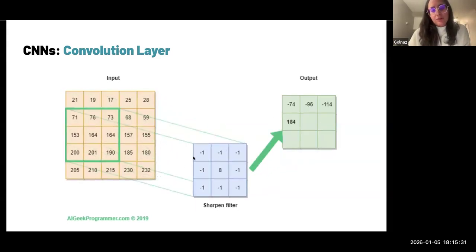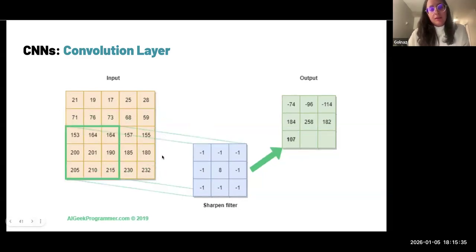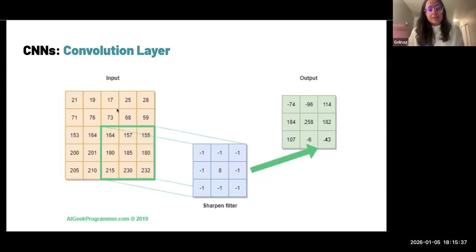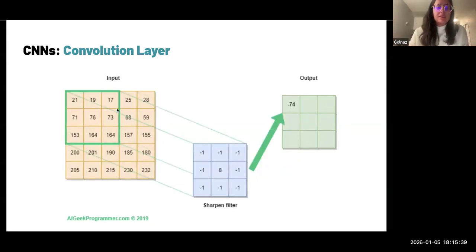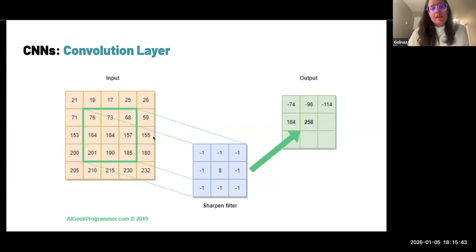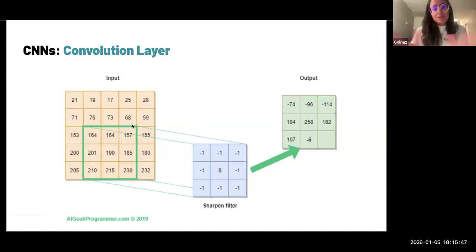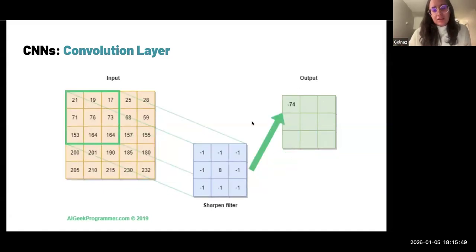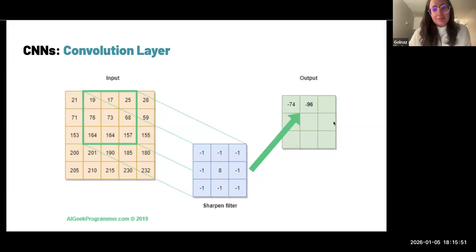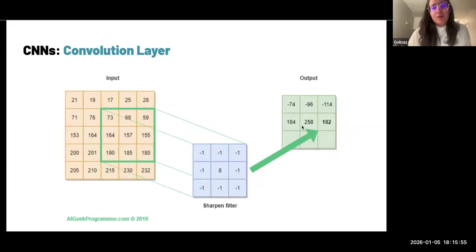Then you have your filter, and that filter goes through your image. We call this going through the data convolution. Then you multiply these two matrices together element-wise, and you will have your output.